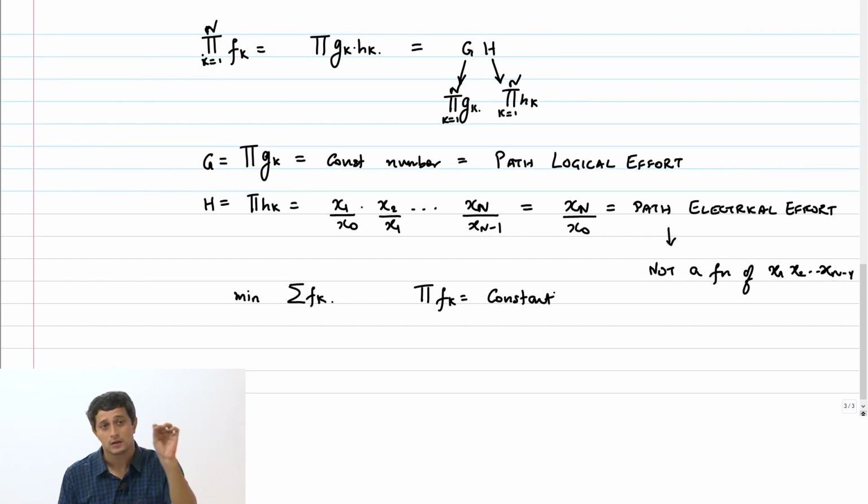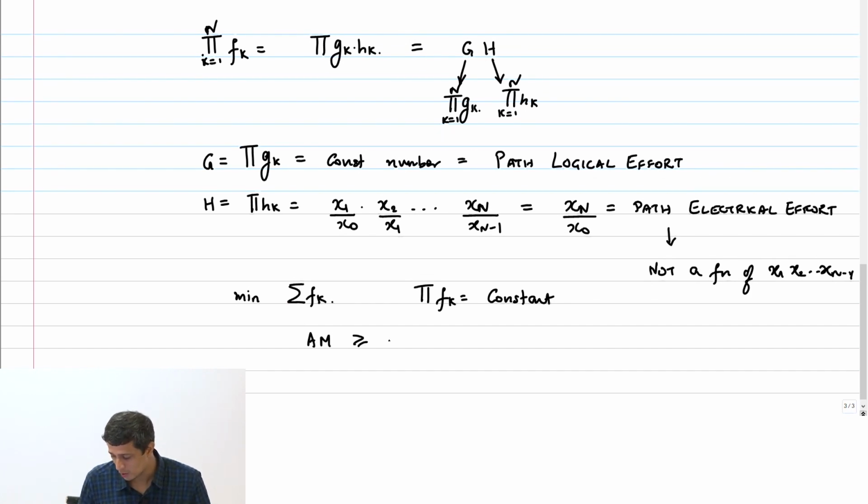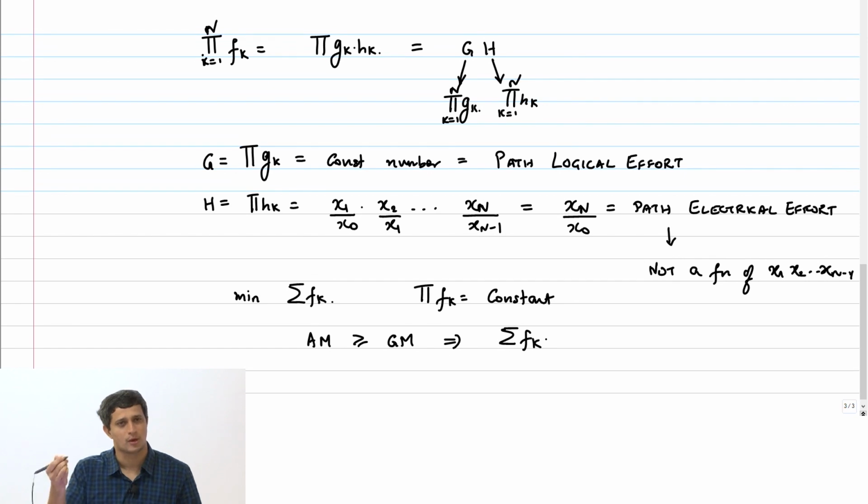Irrespective of what my variables are, x1 to xn minus 1, the product of fk's is a constant. Therefore I am going to exploit the inequality that the arithmetic mean is greater than or equal to the geometric mean. Of course, all these fk's are positive numbers.